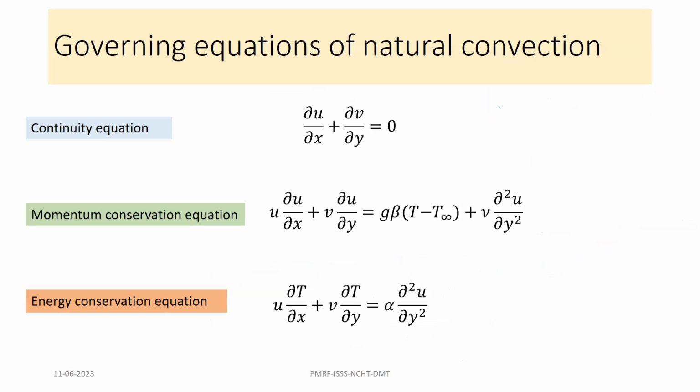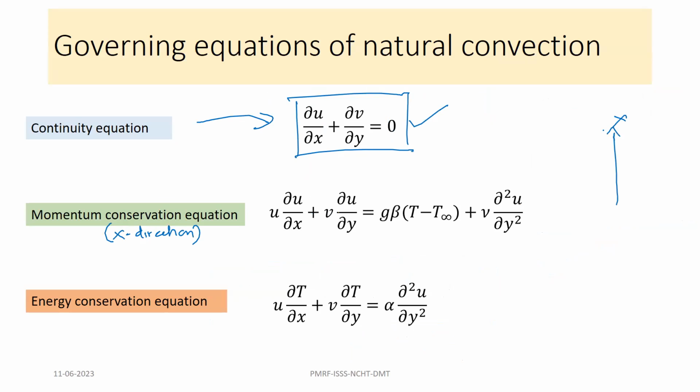In short, we can write the governing equations of natural convection like this. The continuity equation: dou u by dou x plus dou v by dou y equal to 0. And the momentum conservation equation, predominantly in the x direction, which is our vertical direction: u dou u by dou x plus v dou u by dou y is equal to g beta into T minus T infinity plus nu dou square u by dou y square.